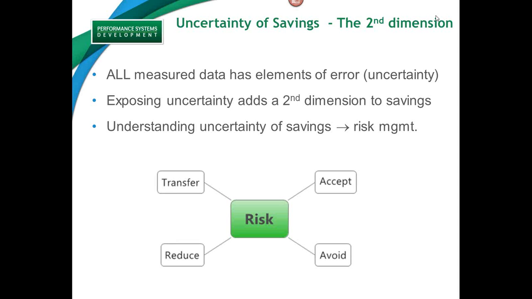So this is a really exciting piece of M&V. In our classes, we begin to talk about how to quantify this risk. How do we begin to talk about risk when we're talking to owners and managers who are in charge of deciding what energy efficiency measures to invest in?